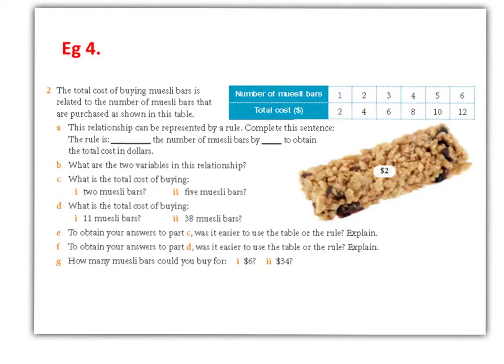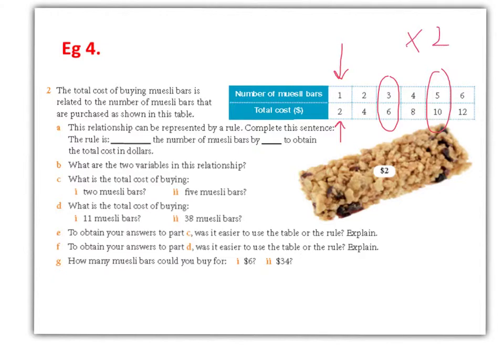So we want to be thinking about what's happening to our numbers. So we're looking at our input number here and what's happening to that number to give us our output number. Might have to look at a couple of the different pairs and hopefully you can see that each of them is being multiplied by 2.